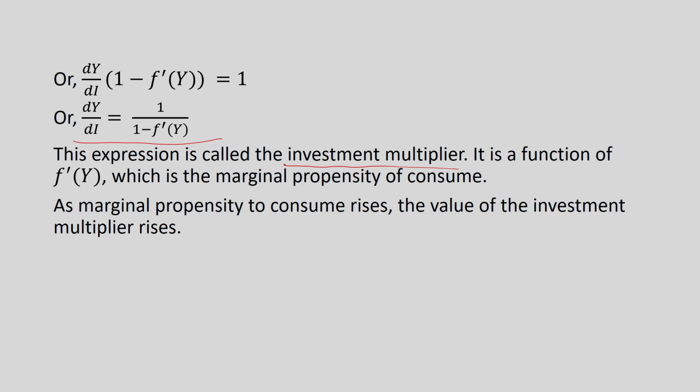That is why it is called investment multiplier, and you can see it is a function of f dash of y, because f dash of y is coming in the denominator as a negative term. What is f dash of y? F dash of y is the rate of change of consumption with respect to income, and that we have seen is called the marginal propensity to consume, right, MPC. We have talked about this before in another context.